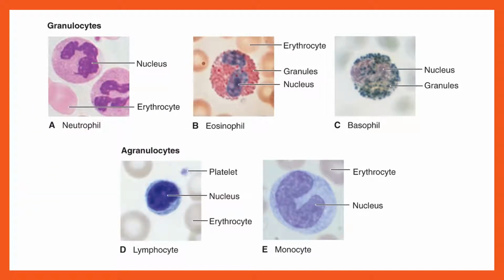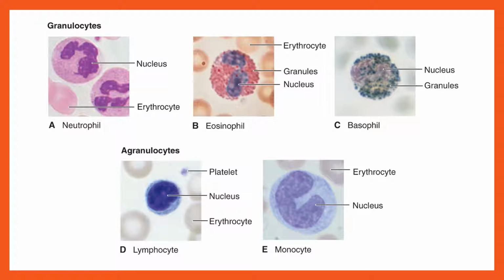This is a picture that gives you some notion of what's happening with the cells and how they look. You can see the granulocytes, neutrophils, eosinophils, and basophils, with distinct granules. Think about granules as lysosomes that have some kind of substance toxic to the invaders. A lymphocyte has a distinct nucleus, but we don't see observable granules.